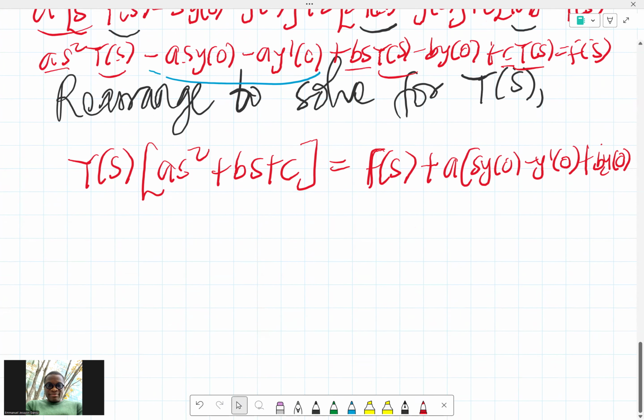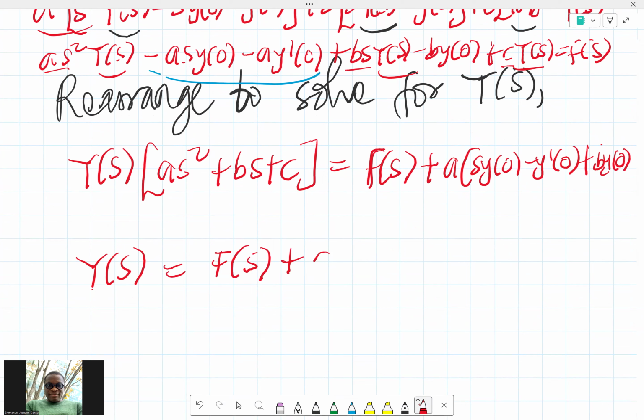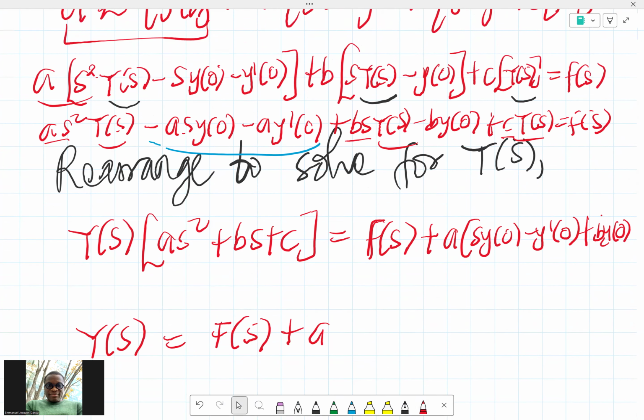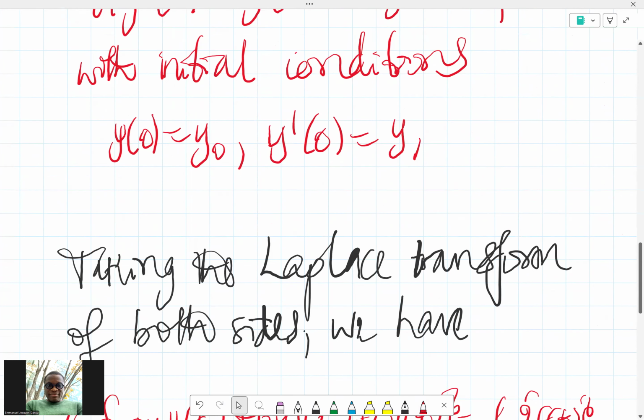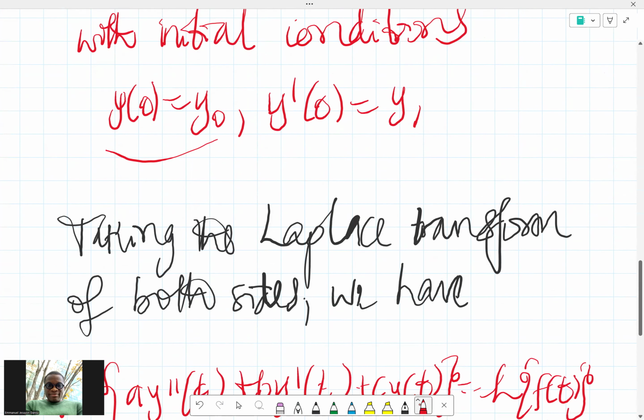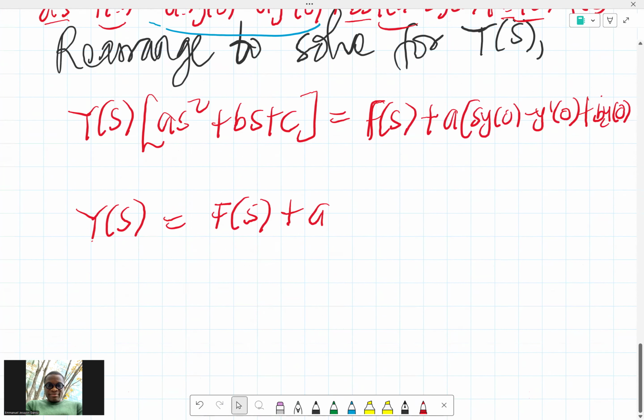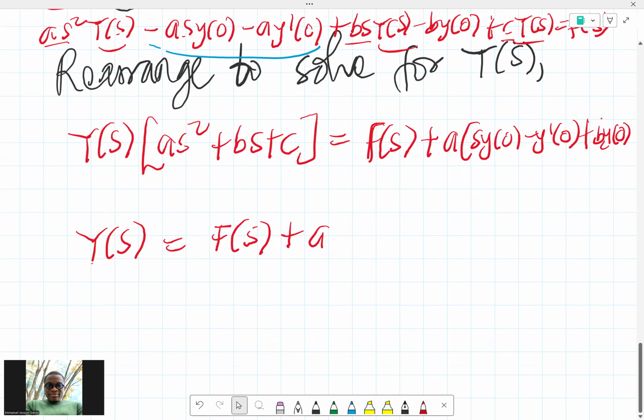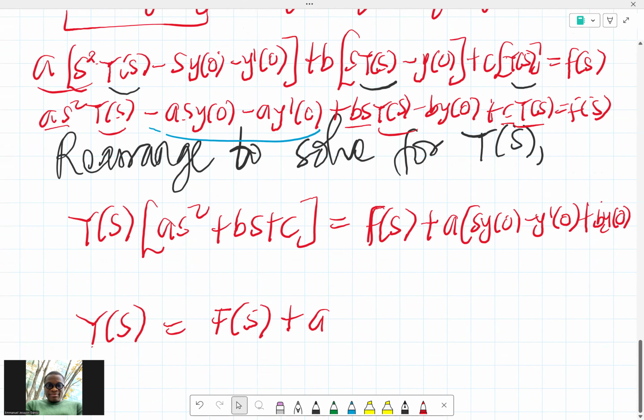So we can make Y(s) the subject. From what we know, y(0) is y0 and y'(0) is y1, so we can substitute those in at this point.